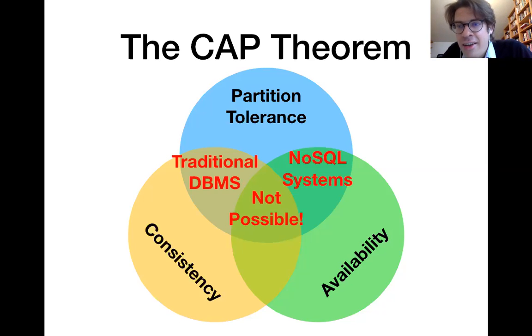On the other side, the type of systems that we will be discussing today, those are called NoSQL systems, which favor availability over consistency and would rather decide to sell the DVD even if they cannot currently communicate with the other copies of the inventory in the example from before. So those are 2 different trade-offs, and it depends on the specific scenario which of them you want to make.